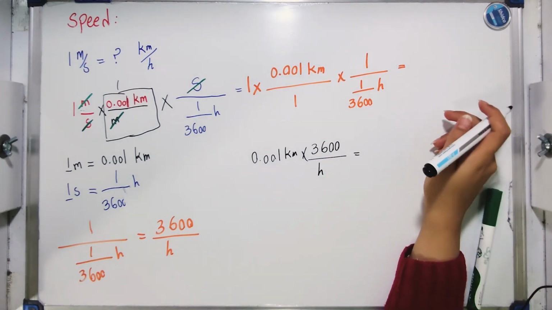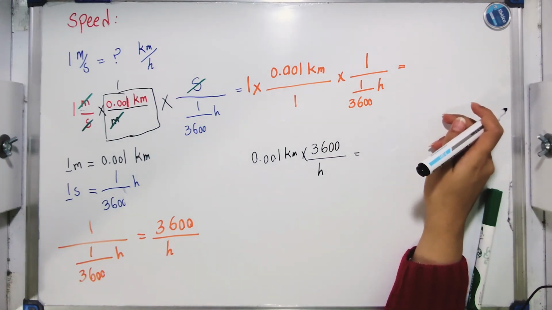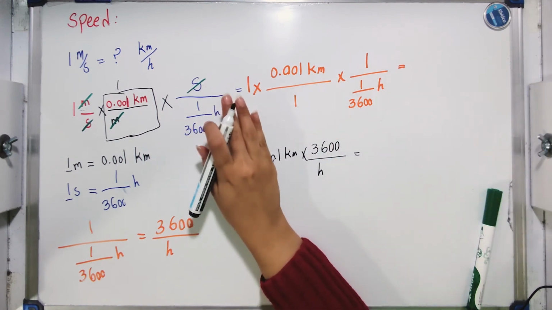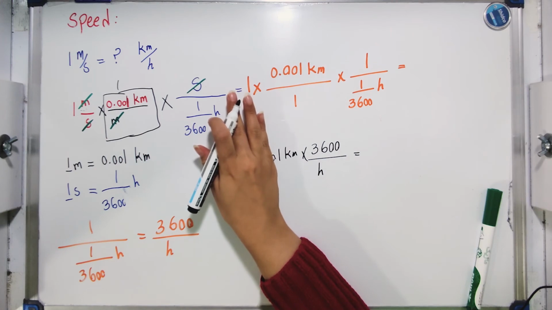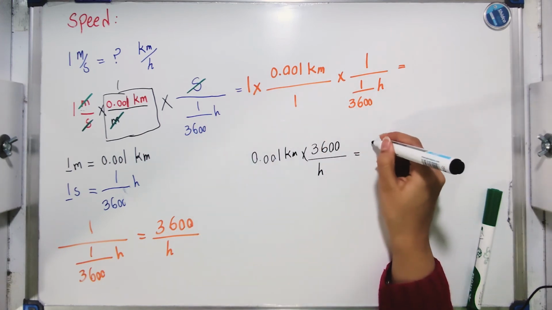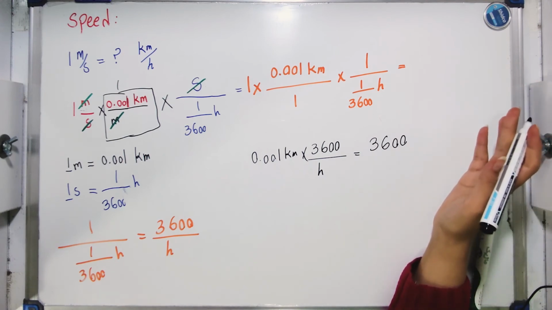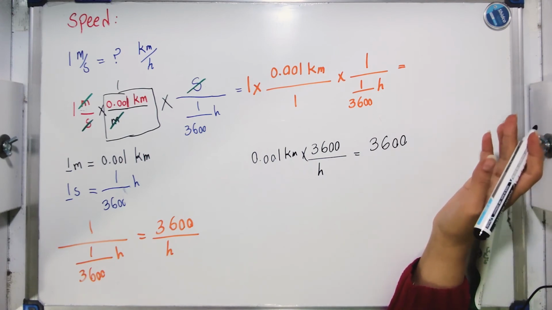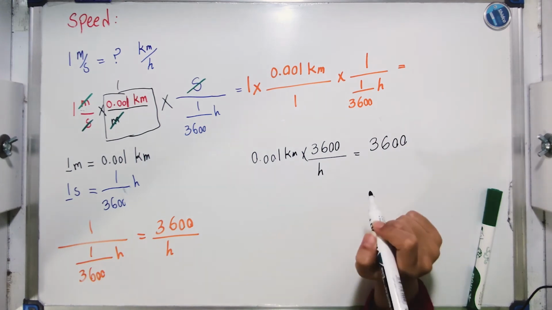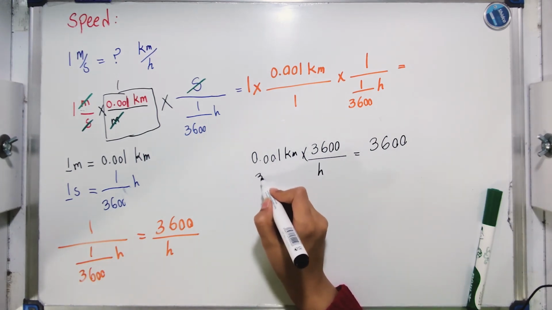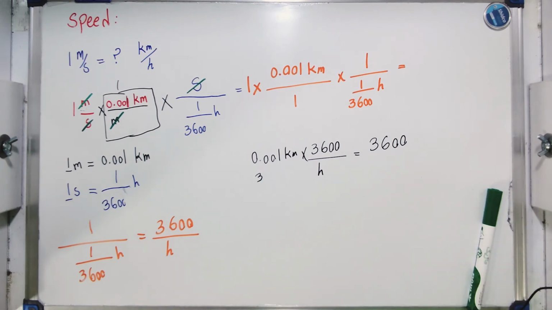Guys, if you forgot how to multiply decimals, it's enough that in decimal multiplication, you ignore the decimal part. Here you have 1 times 3,600. It's enough to count the digits after the decimal and put your decimal here. So 1, 2, 3 digits you have. Here, no decimal.